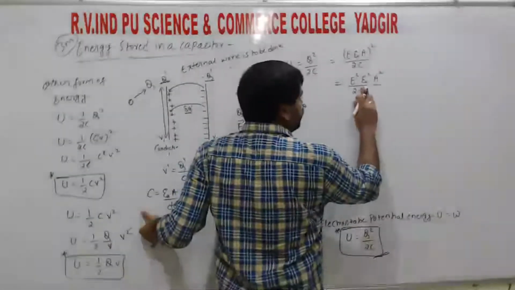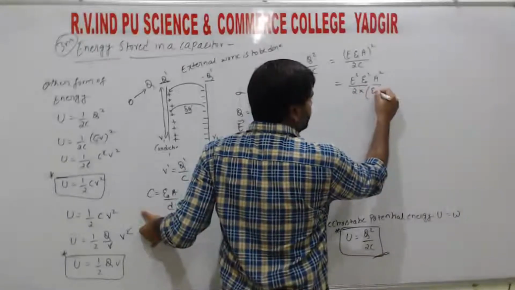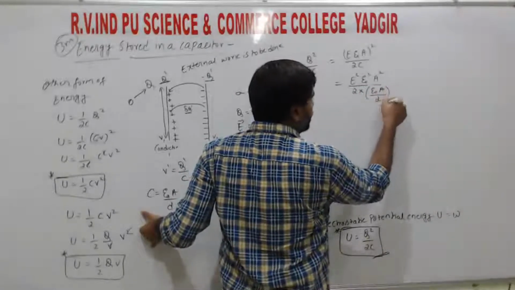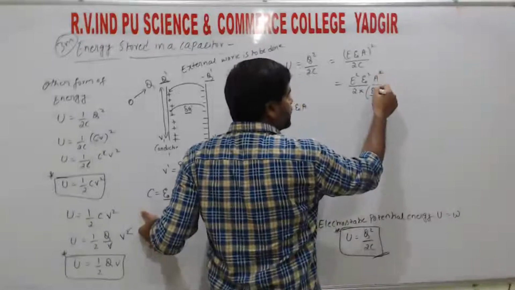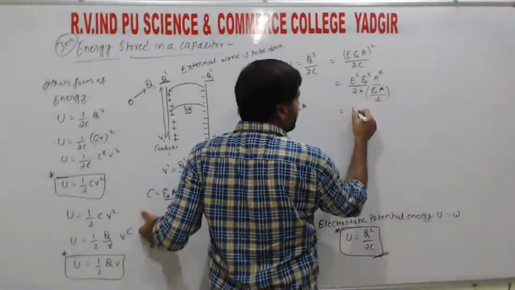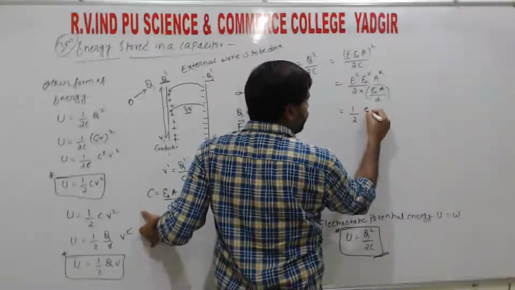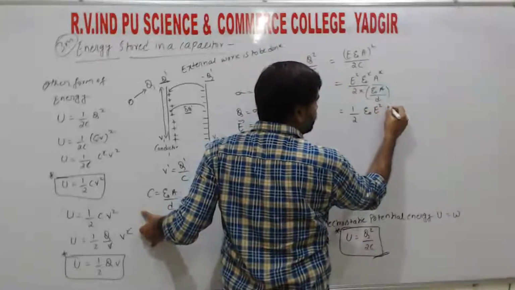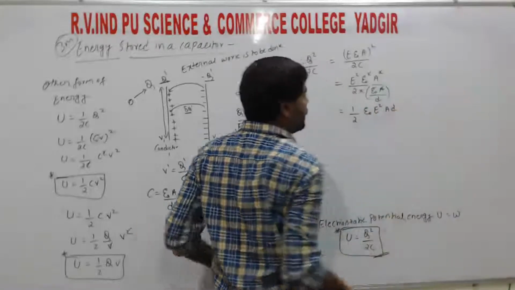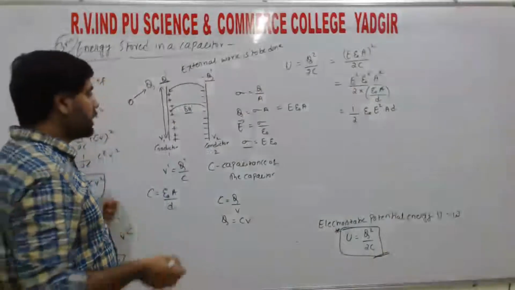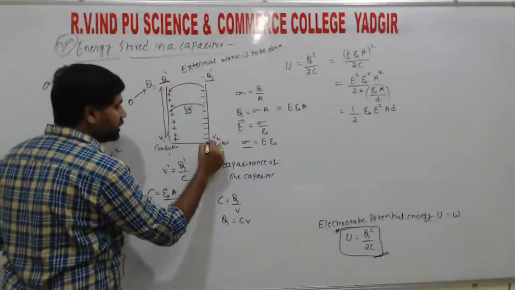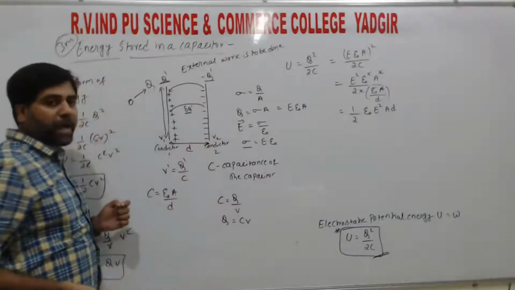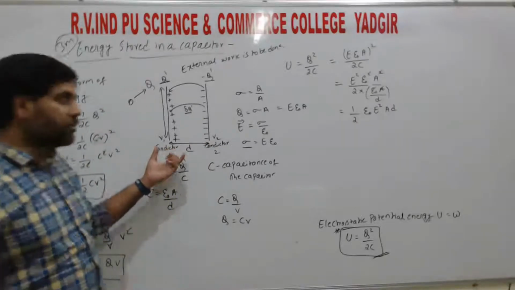So substitute 2 into epsilon naught A divided by D. So A gets cancelled, epsilon naught gets cancelled. So we get 1 by 2 epsilon naught E square A into D. Right? So where A is the area of the plate and D is the distance between the two parallel plates of the capacitor. Right? So D is the distance.